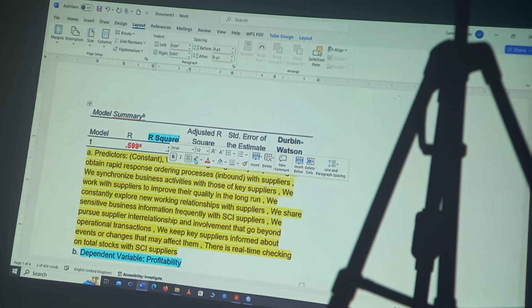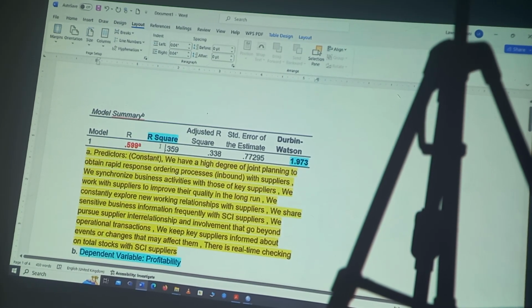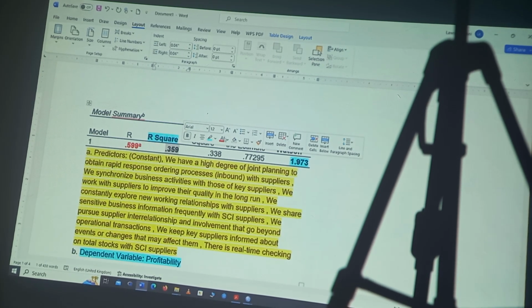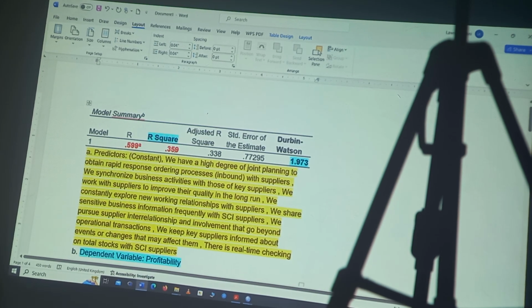Now with this R squared that we have here, you just have to multiply it by 100. So that's going to be 35.9%, which means that changes in the predictors, including the constant, cause a 35.9% change in the dependent variable.